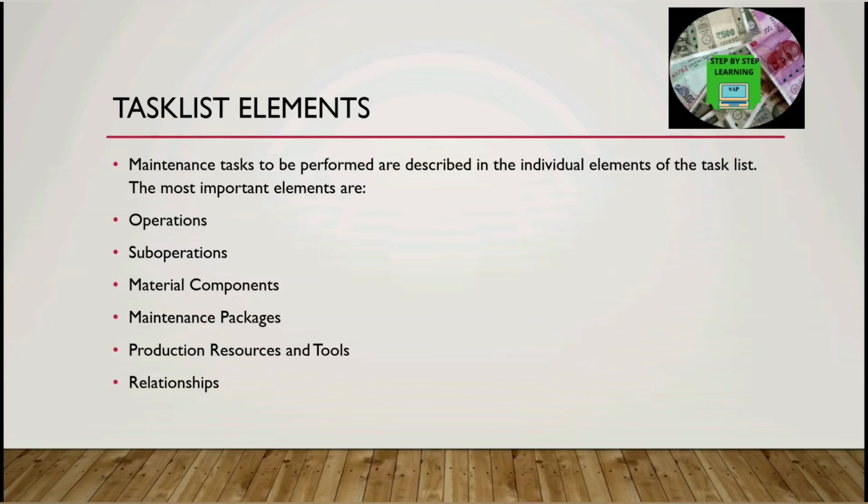For example, if you are doing maintenance on a compressor, you want to open the cap and change the oil, but on top of the cap there is an instrument installed to measure the oil level. So you need to uninstall that instrument before you open the cap to change the oil.